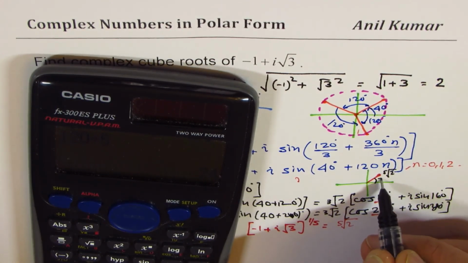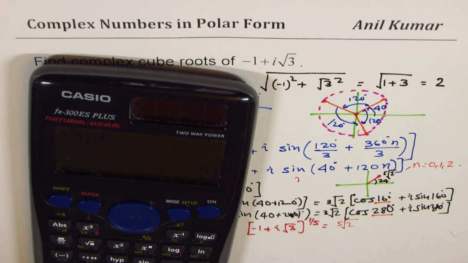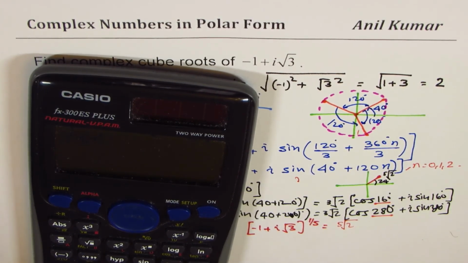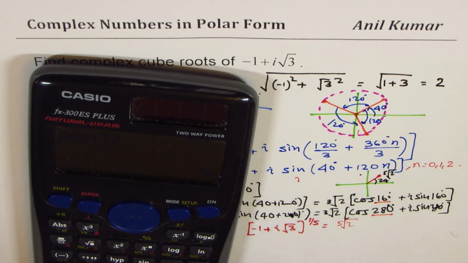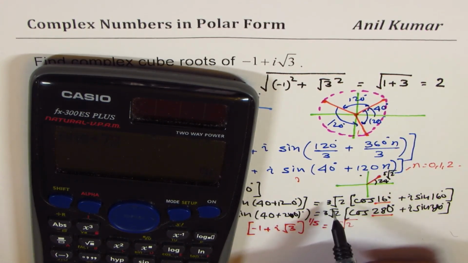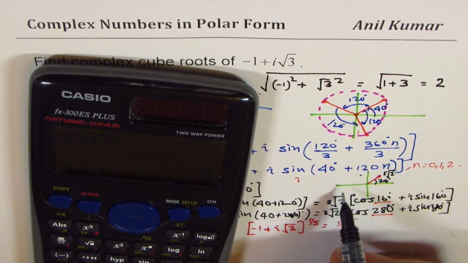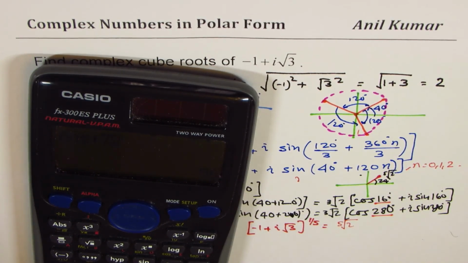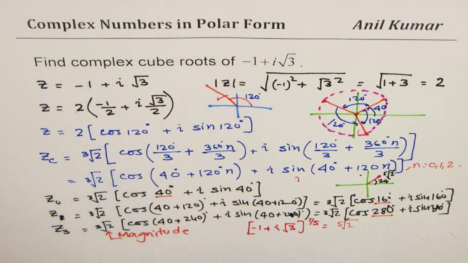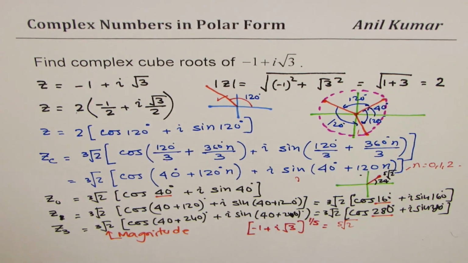And each will be 72 apart. So we'll have the other point here. So we have 5 different roots and they'll be 72 degrees apart, correct? So we get a pentagon inscribed in a circle with radius of 5th root of 2.